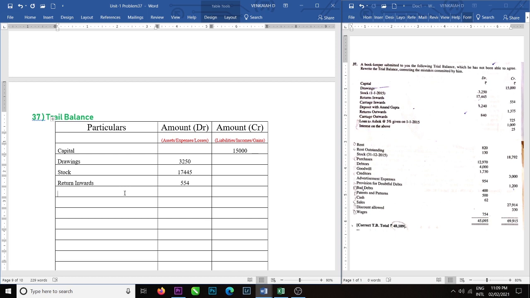Then carriage outwards. Carriage is expense. Carriage inward is expense, carriage outward is also expense. Carriage inwards amount is 1240.